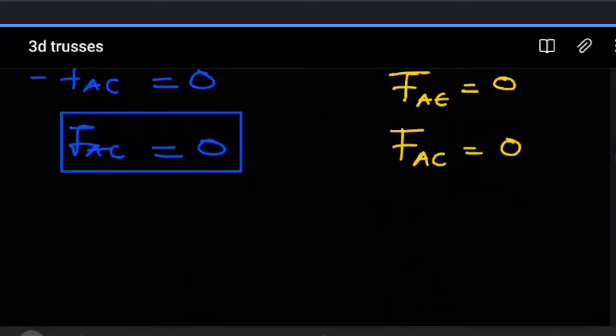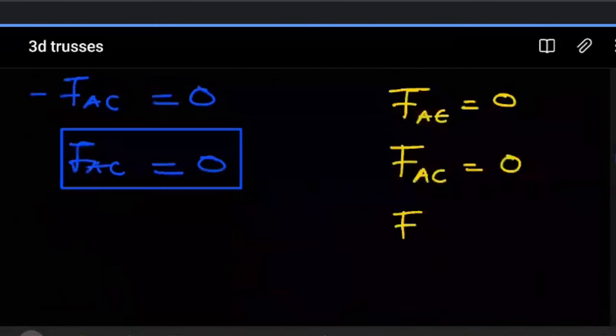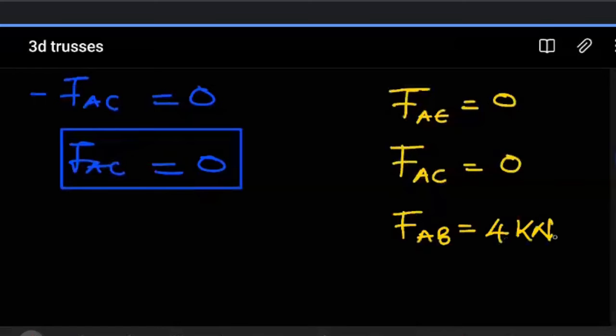Then we also found FAB is equal to 4 kilonewtons, and it is in tension. So we have found 3 forces, or we've sorted out 3 members.